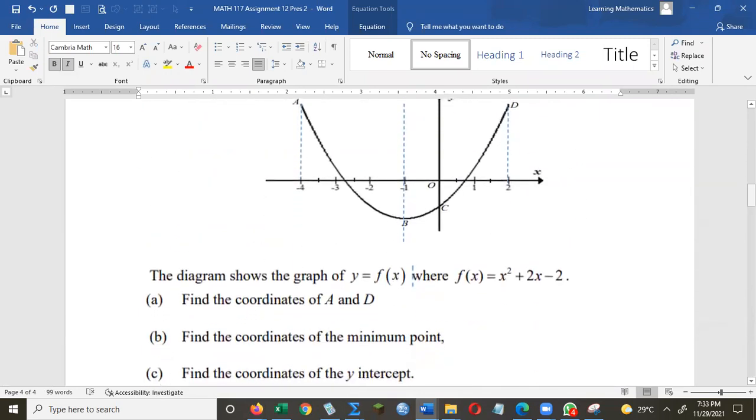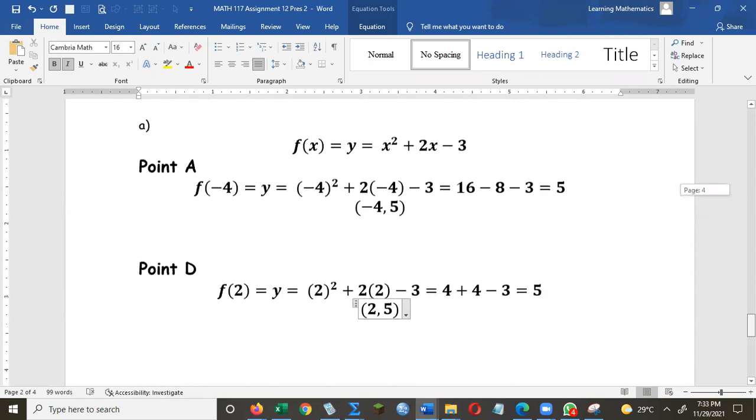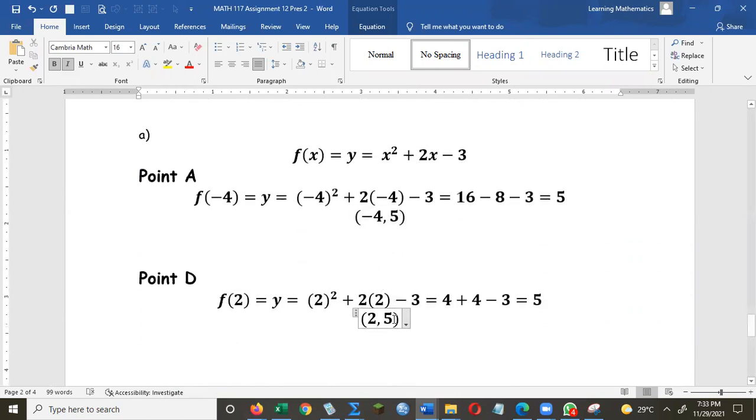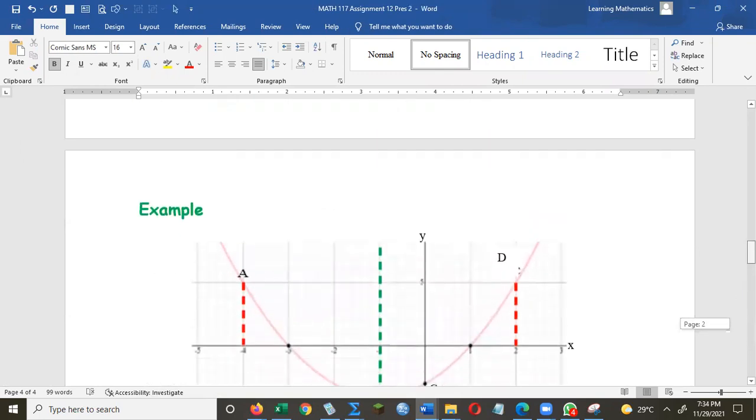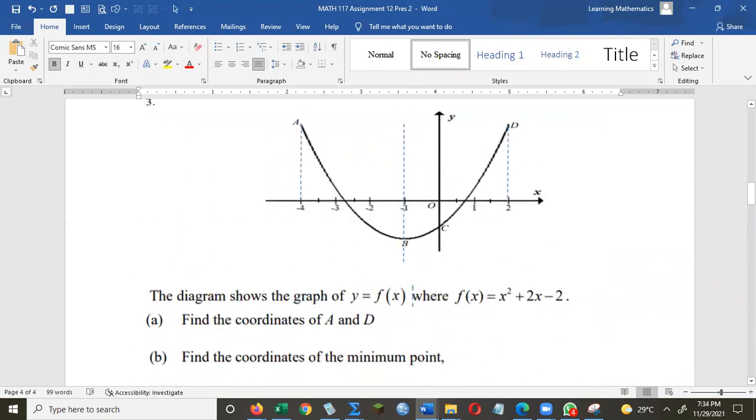So that's what you do for part A in the assignment. Substitute negative 4 and 2 into this quadratic and see what you get. Here we got 5 and 5. Most likely you're supposed to get the same y value, because as you can see, the height for A is the same as the height for D, so you should get the same y value.